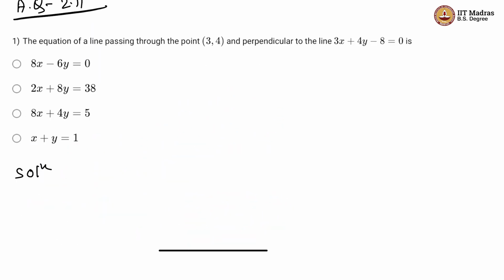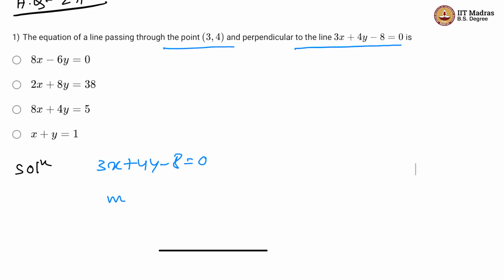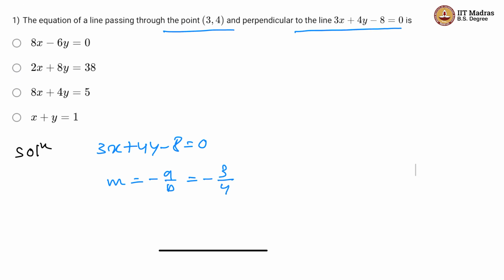Okay. Now we have to find the equation of the line passing through this point and perpendicular to this line. We are given the line 3x plus 4y minus 8 equals 0. We can determine the slope of this line, which is minus a by b, that means minus 3 by 4, right? Suppose this is line 1.